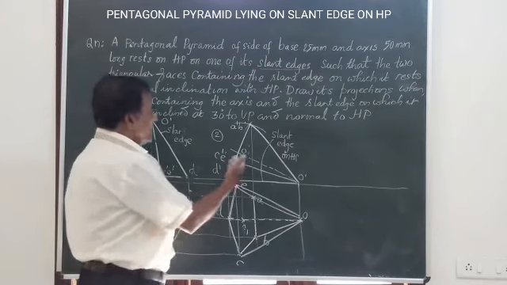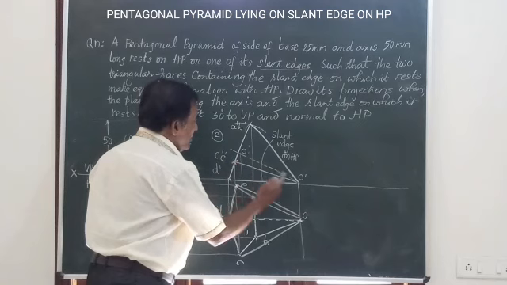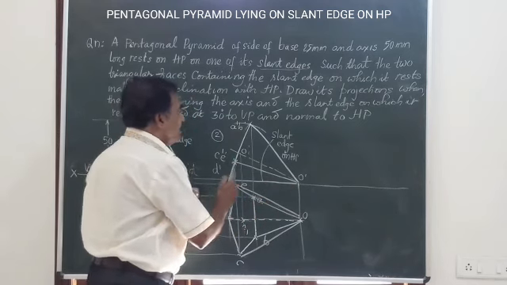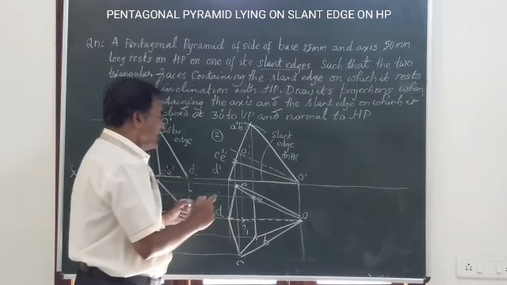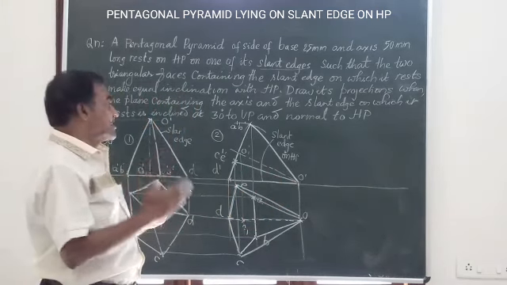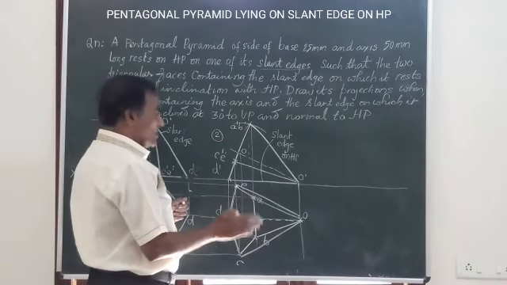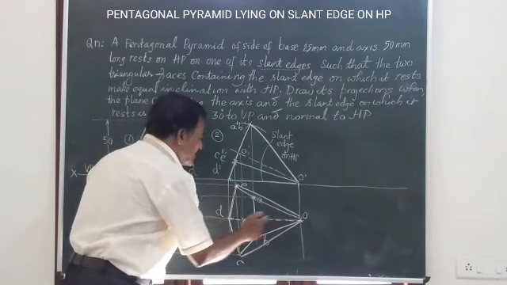Friends, in the front view, O dash O1 dash represents the axis, O dash D dash represents the slant edge on which it is resting. This line O dash O1 dash D dash represents the triangular surface which is normal to HP because these 3 points fall on the same line.